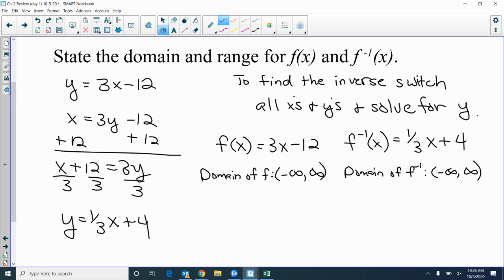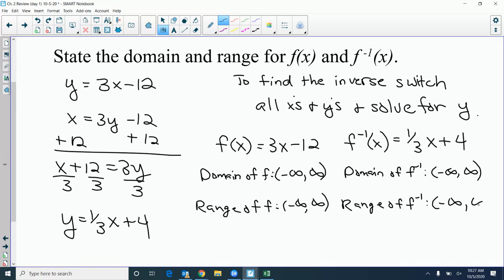The range of f of x is the same as the domain of the inverse. If I know the domain of the inverse, I know the range of f, and it is also negative infinity to infinity. And then the same thing. The range of the inverse is the same as the domain of the function. So that is negative infinity to infinity.